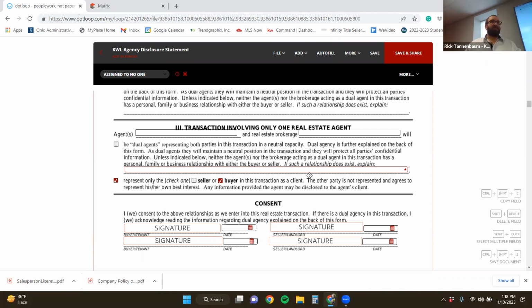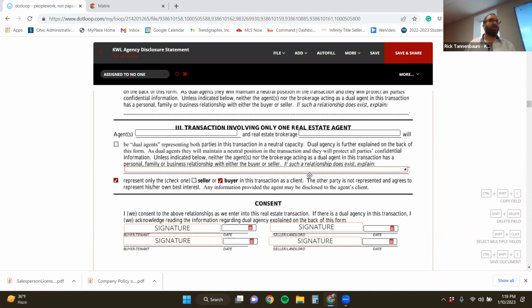You can either completely step out of the transaction and let somebody else represent the buyer and somebody else represent the seller entirely, collect a referral fee if that's what you want, or you represent the person that you have that relationship with. So if your mom is the buyer, I would say tell the seller you can't represent them in this situation and refer the seller to somebody else at that point.